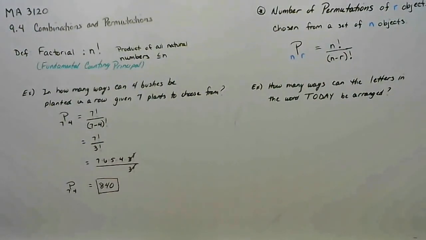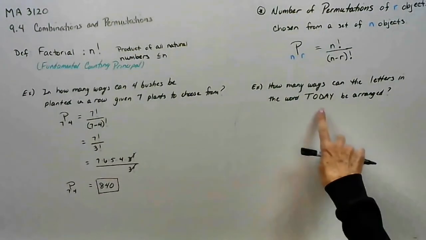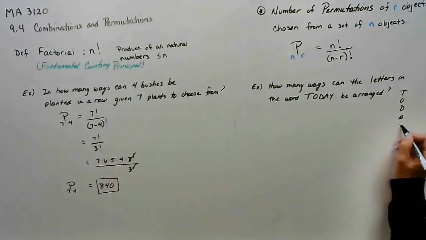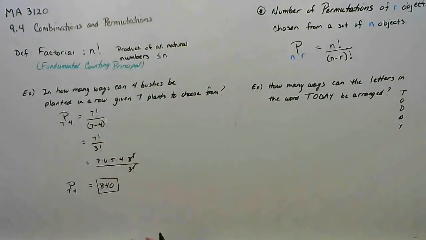This actually goes back to the fundamental counting principle. Let's think about these letters. I have the letter T, O, D, A, and Y, so a total of 5 letters. If I'm going to arrange them, let's arrange them 3 at a time.